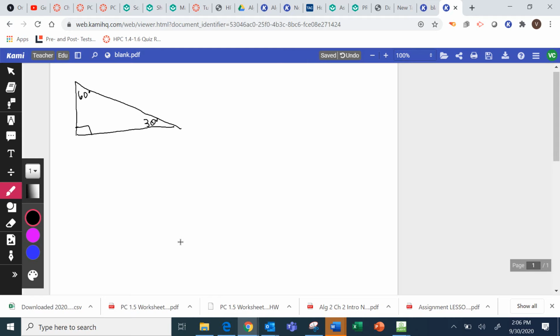We also have a 45, 45, 90. And these are the ones you have to memorize. This is it for memorization. But you have to know all 6 trigonometric ratios for all 3 of those angles. So the first one we're going to do is 30.